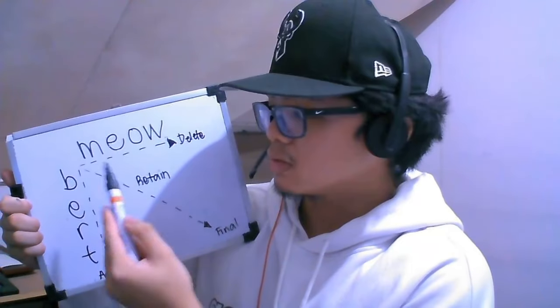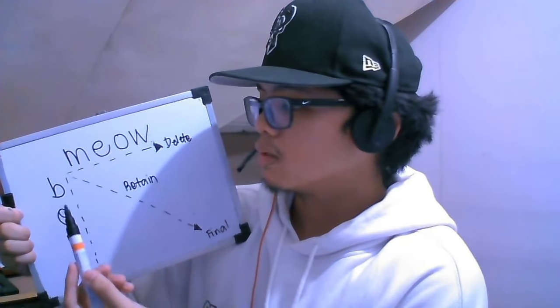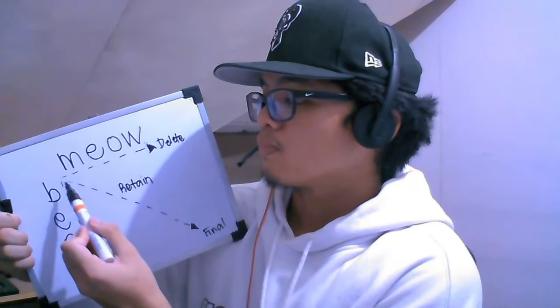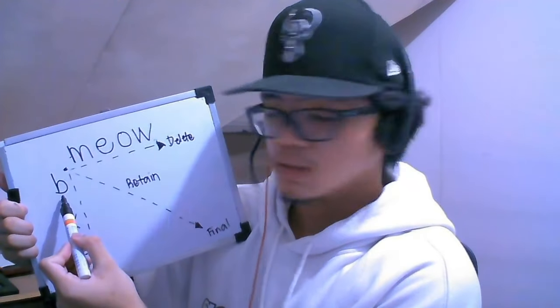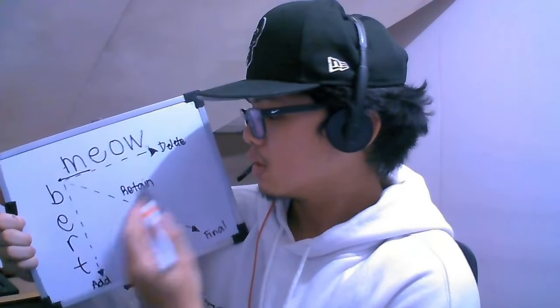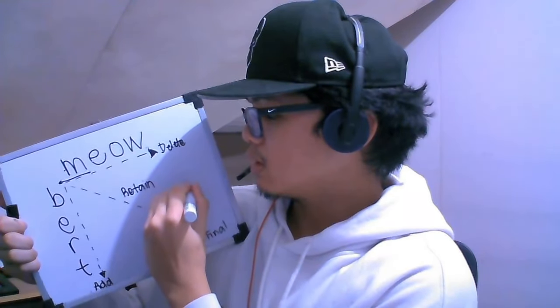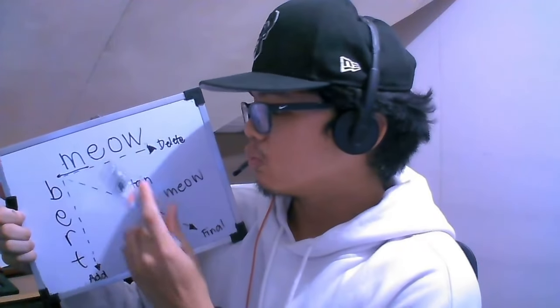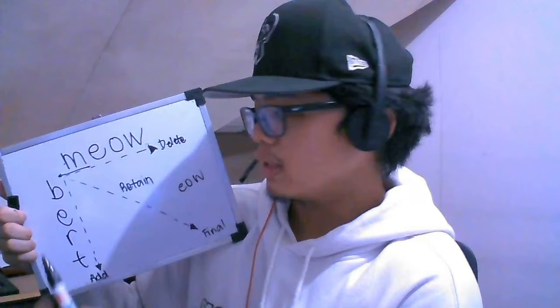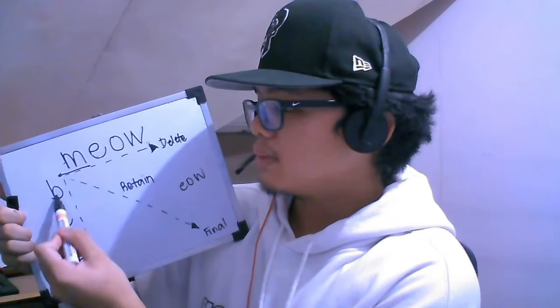So, thinking about how we can transform this, there's multiple ways. Starting here, we see that M and B don't match. So let's delete the letter M from meow. And I'll have here the final output so you can visualize what's happening. So we delete the M. Is E and B matching?